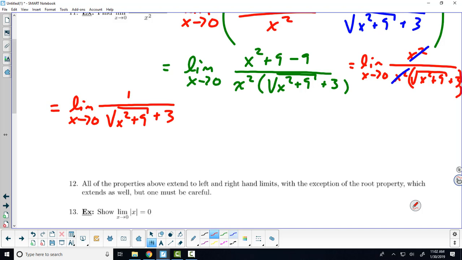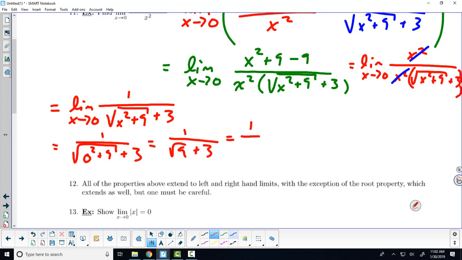I'm just going to go ahead and jump to it though because it gives you the same result. So this is 1 over the square root of 0 squared plus 9, plus 3, which is equal to 1 over the square root of 9 plus 3, which is equal to 1 over 3 plus 3, or 1/6, as we suspected.